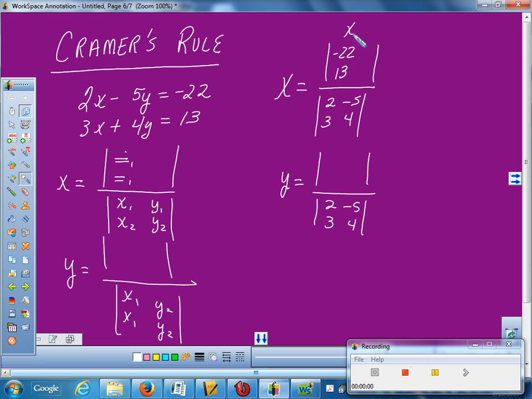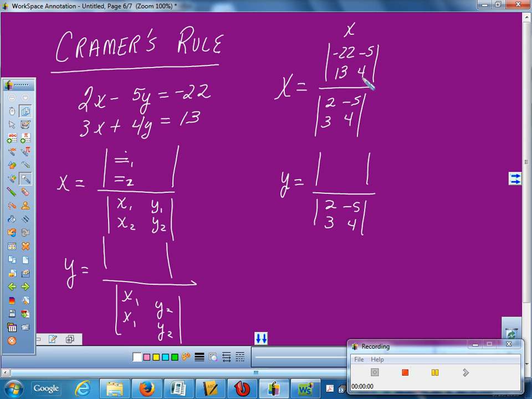What do you suppose I put in the y column? Do I put the 2 and 3? If this is the y column, put the y's in it. You only change the one column you're solving for. So the -5 and the 4 stay in their same column.